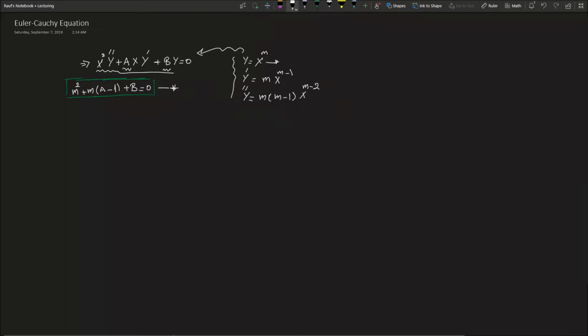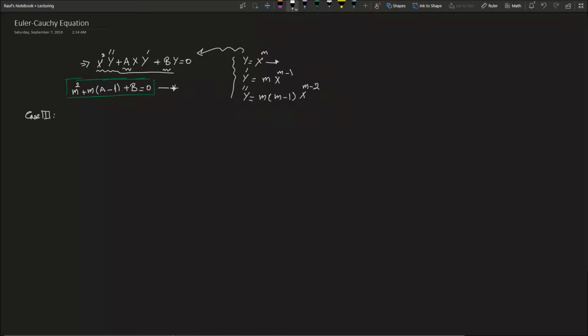When you solve it, you have different cases. Either the values of m are real numbers, or the values of m are equal, which is repeated roots, or you have complex roots. So let's talk today about case number 1.